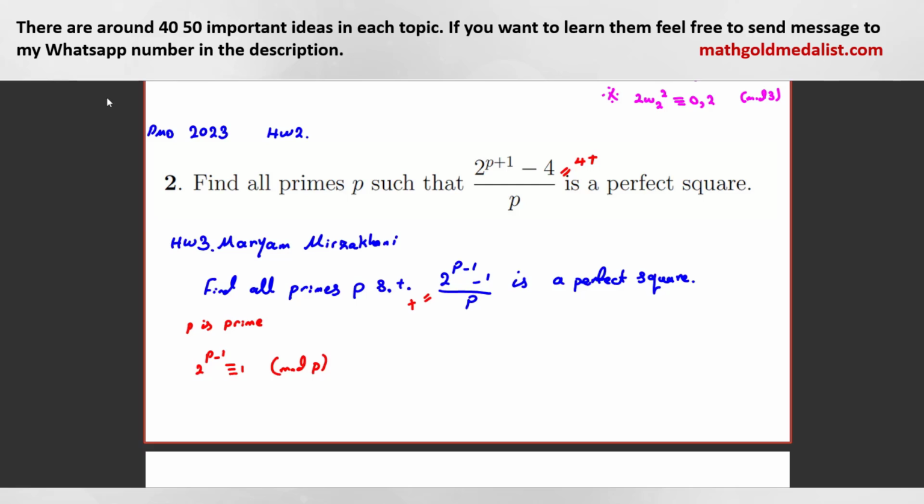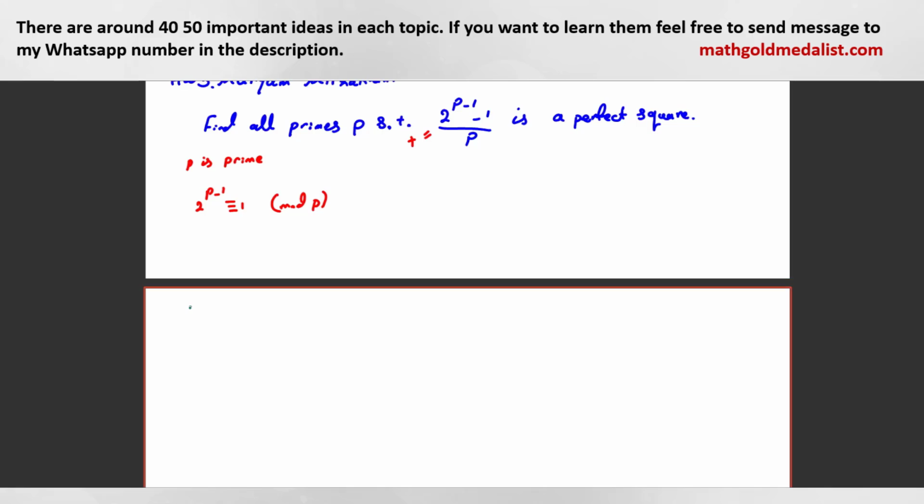Is it Fermat's theorem? Exactly, Little Fermat's theorem. It says that if GCD of a and p is 1 and p is prime, then a to the p minus 1 is 1 mod p, right?